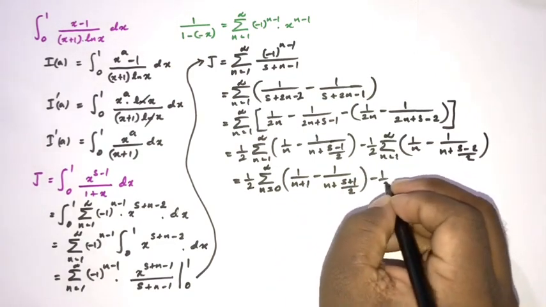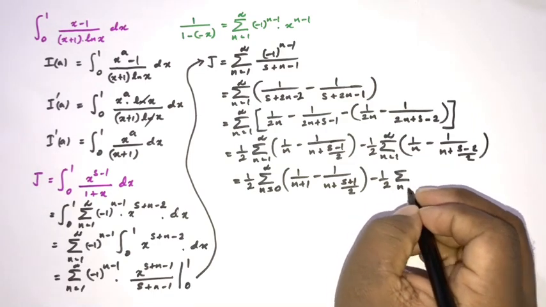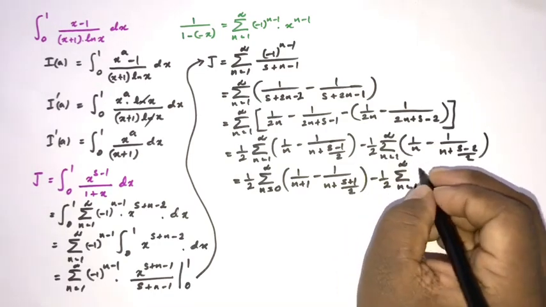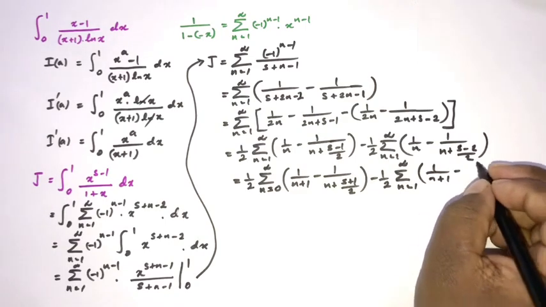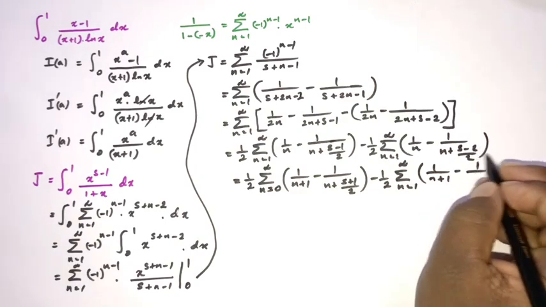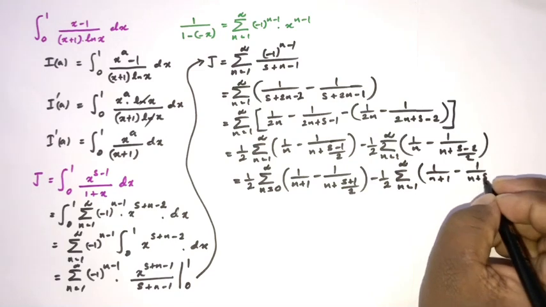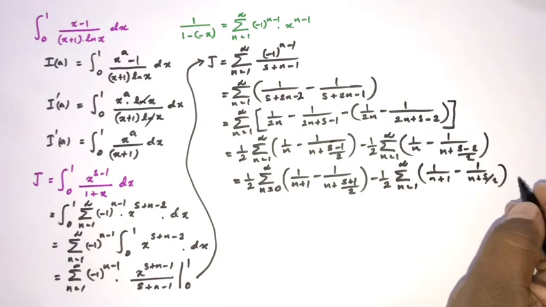Then here also n is equal to 1 to infinity, 1 over n plus 1 minus 1 over n plus 1 plus (s minus 2) over 2, the 2 and minus 2 get cancelled, so n plus s over 2.